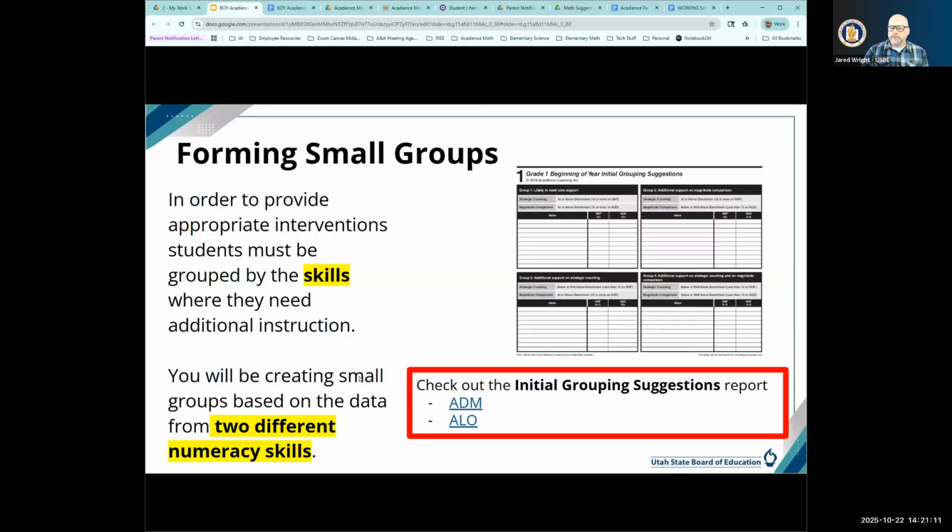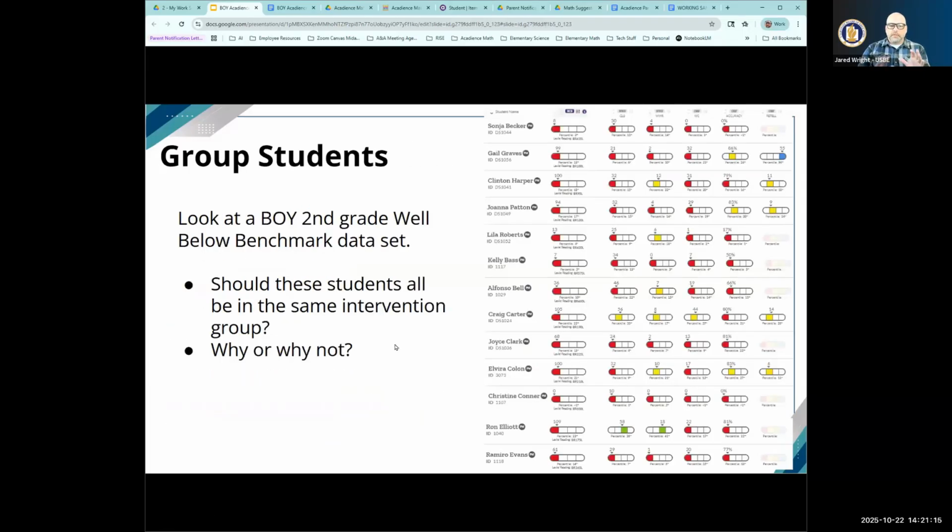You're not trying to do everything. If I jump back to that list of students and their data, there are some students that could use everything. They need help in many different areas with those skills. But obviously, it's going to overwhelm you as a teacher trying to provide all of that, as well as the students on what to focus on.